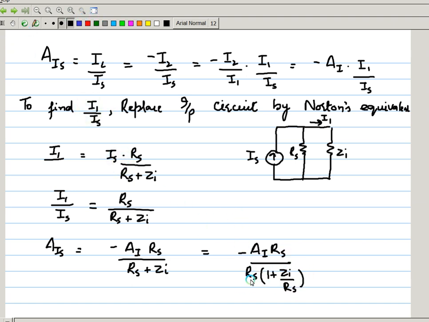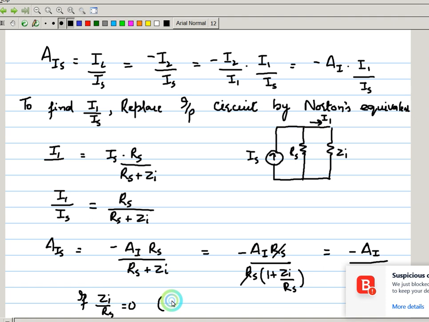So we can cancel out this Rs with this Rs, and we will get minus AI upon 1 plus Zi upon Rs. Now when will this total current gain, including the external source, be equal to the internal current gain? It will be equal if Zi by Rs is equal to 0, which will happen only if Rs is infinity.